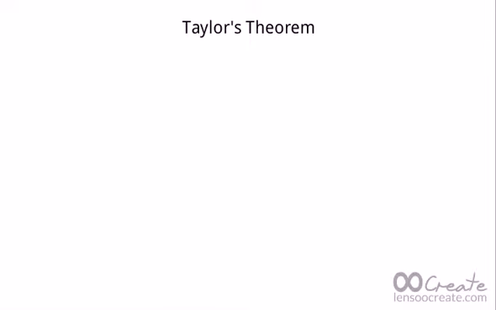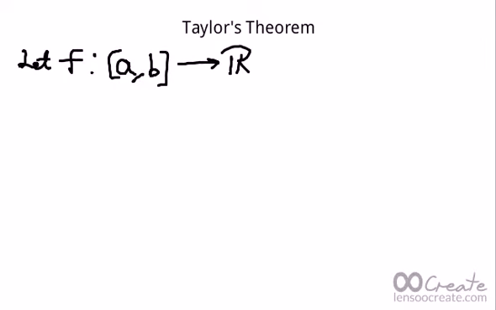So now we will talk about Taylor's theorem. Let f be a function that maps from [a, b] to R, and f belongs to C^(n-1), that is, the (n-1)th order derivative of f exists.